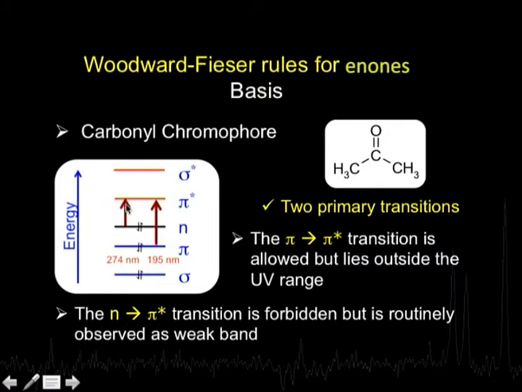Since it is of low energy, this is observed at higher wavelength. This is observed in the UV visible range, but it happens to be a forbidden transition. That's why we observe it as a weak band. So that is typically the spectrum you observe in the case of the carbonyl chromophore, because that is the basic chromophore, the starting point in the case of enones.